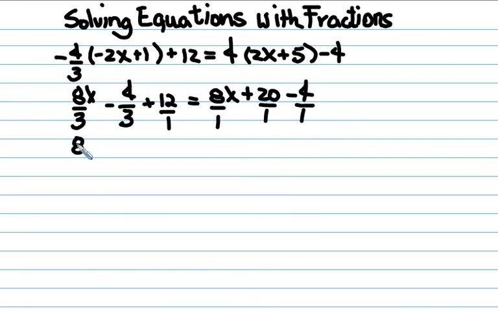So I'll go 8x. I don't have to do anything with that one there. It already has the 3. A negative 4/3 already has the 3, but the 12 doesn't.